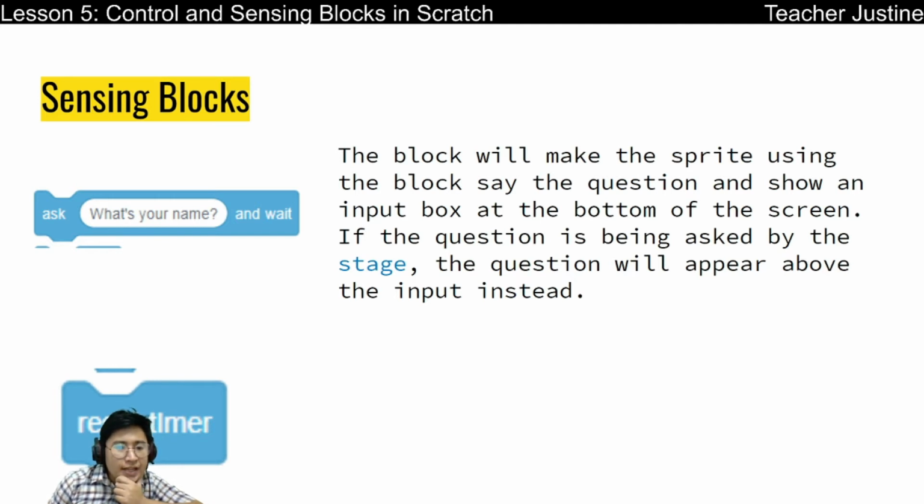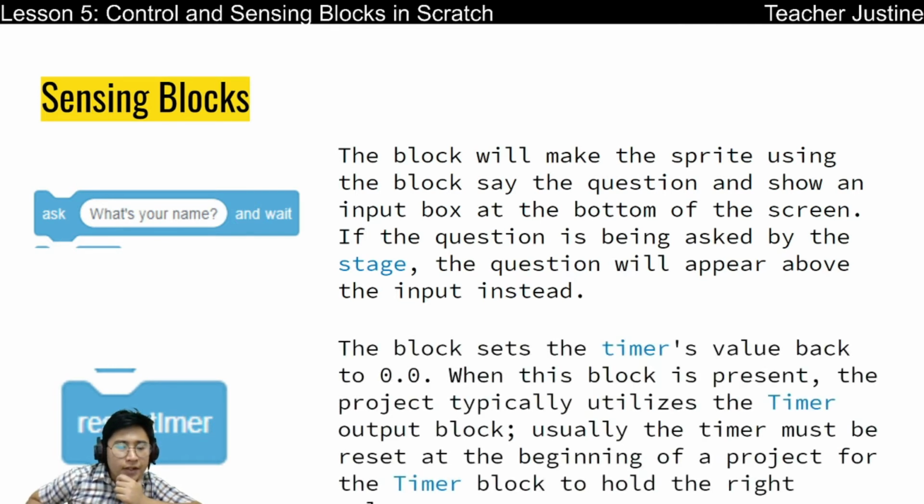So this is reset timer. From the name itself, this block sets the timer's value back to 0. When this block is present, the project typically utilizes the timer output block. Usually the timer must be reset at the beginning of a project for the timer block to hold the right value. So basically, class, if you use this command, it will reset your timer to 0.